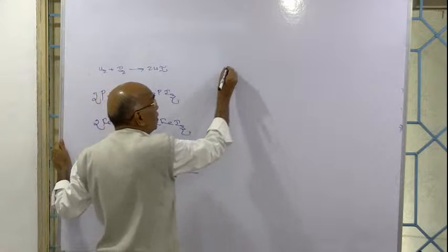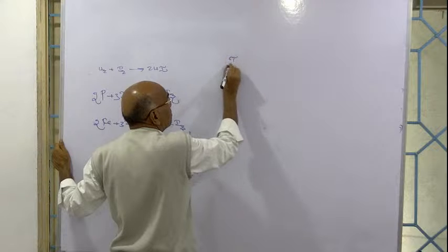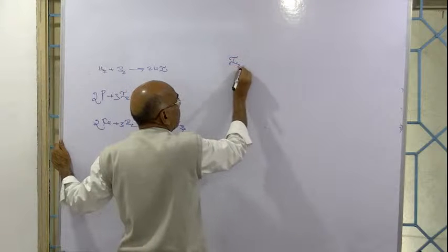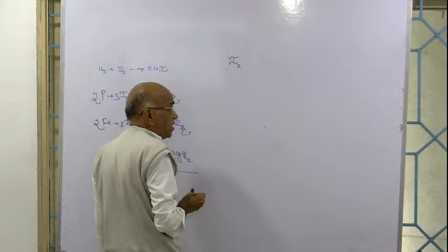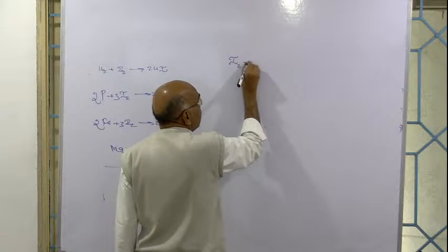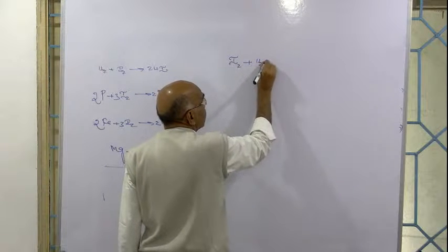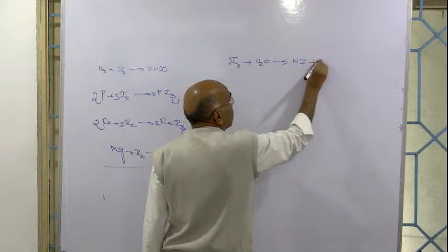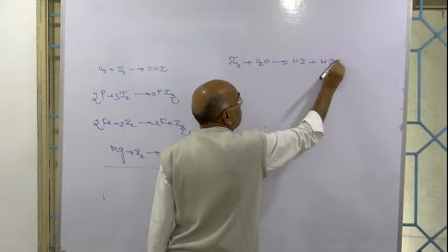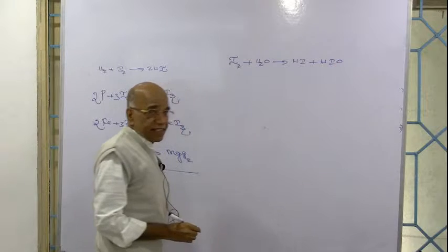Iodine is not soluble in water, but slightly soluble in water. Solubility can be increased by adding potassium iodide solution, which we have seen already. Slightly soluble in water, you get HI plus HIO, hypoiodous acid.